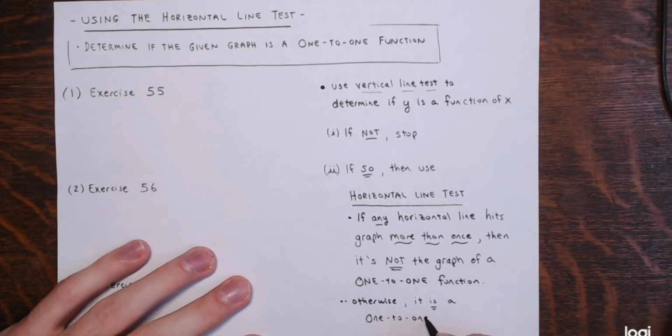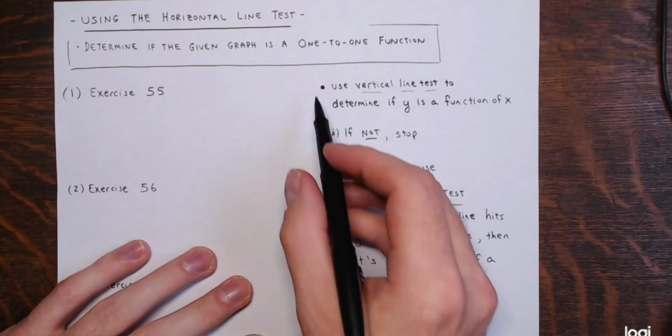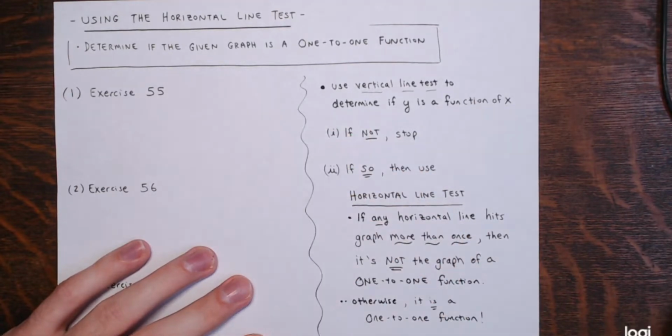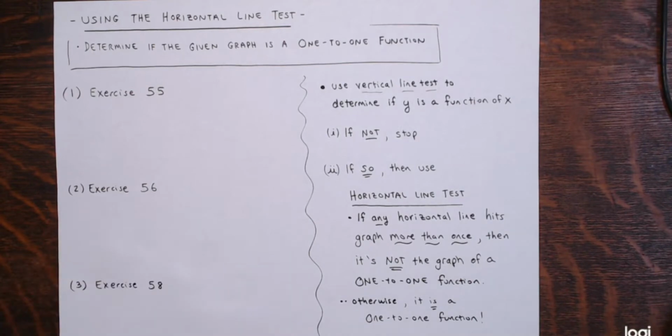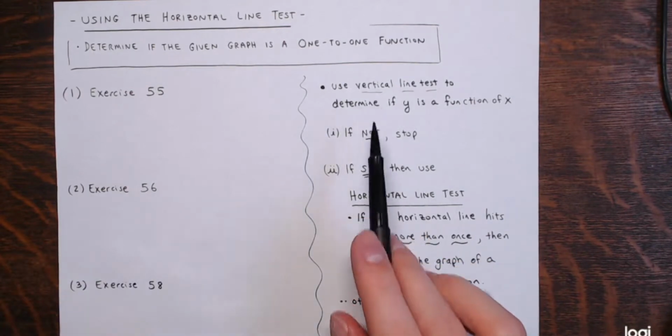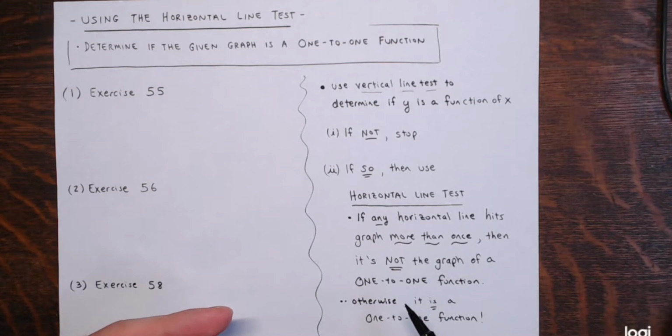A lot of writing here, sorry. You know how every vertical line corresponds to an input? Every vertical line corresponded to an x value. Every horizontal line corresponds to a y value.